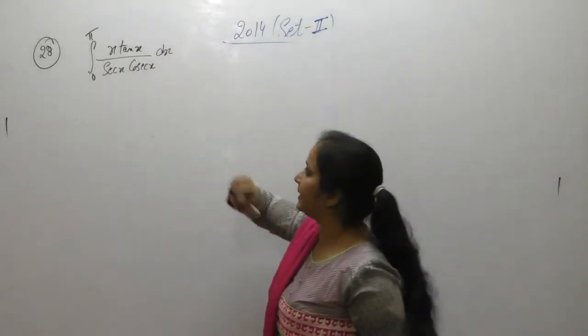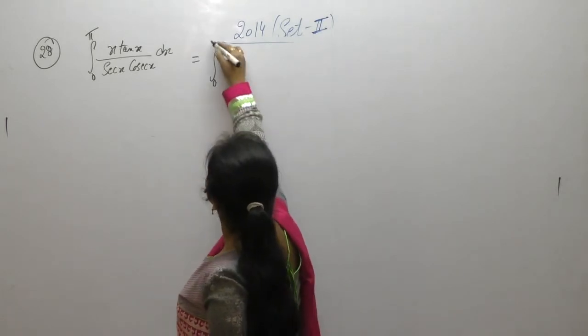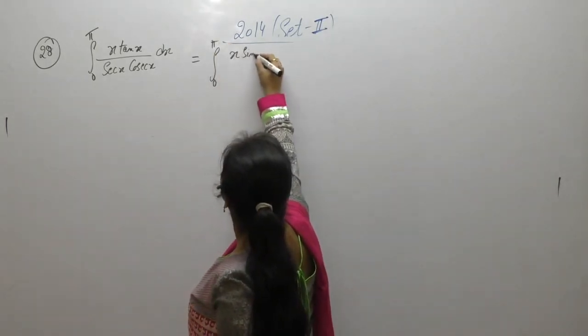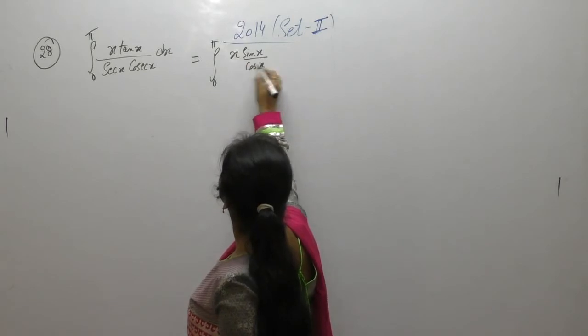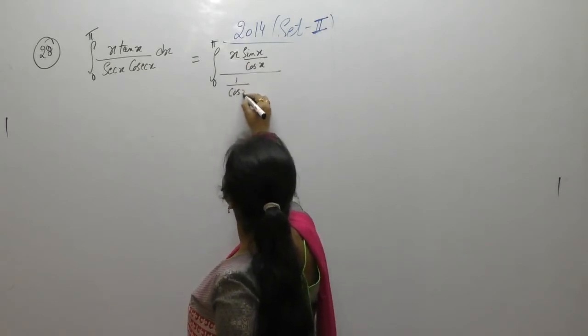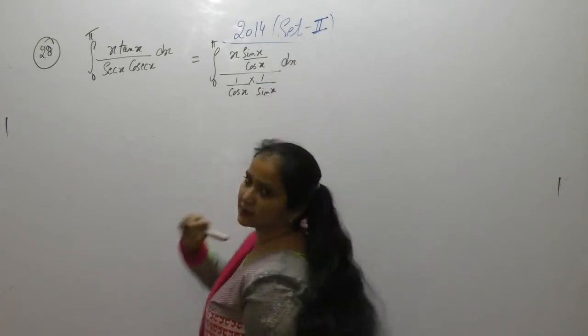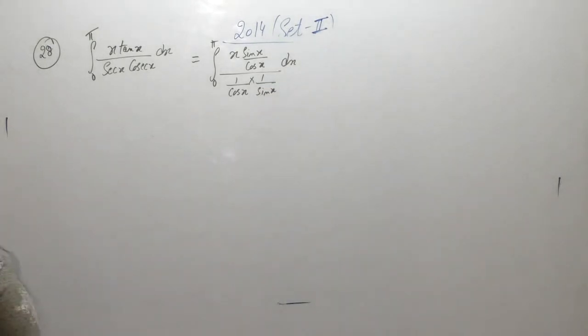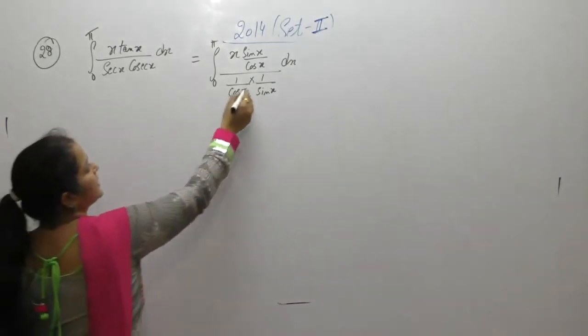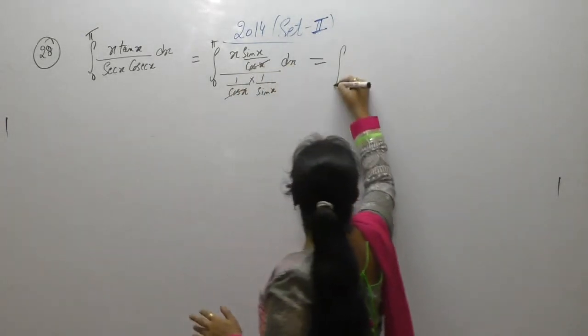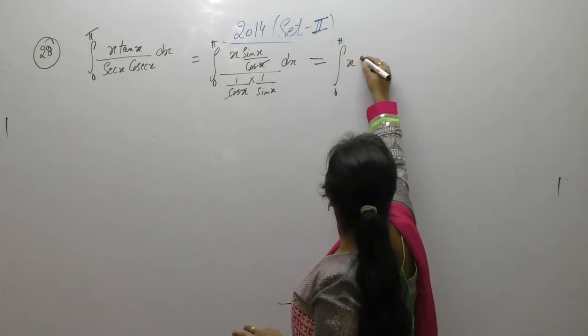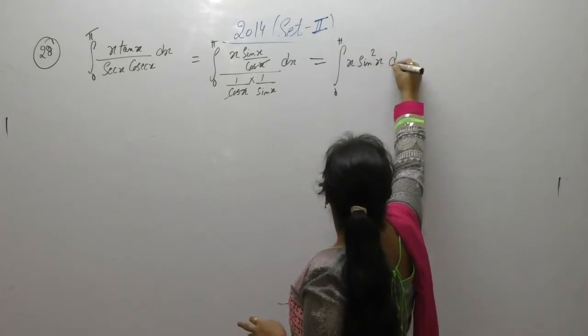We can write tan as sin upon cos, so x sin x upon cos x, sec as 1 upon cos and cosec as 1 upon sin. Clear? Now cos x will get cancelled, sin will go up and it becomes integral 0 to pi x sin square x dx.